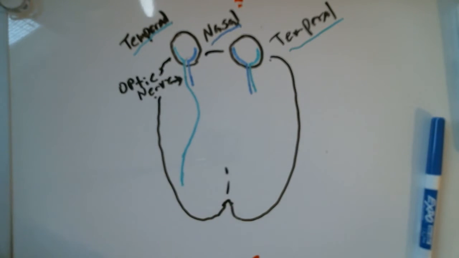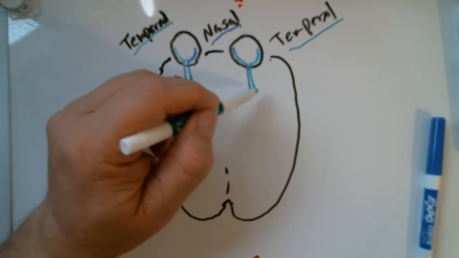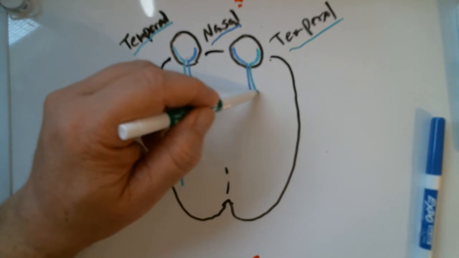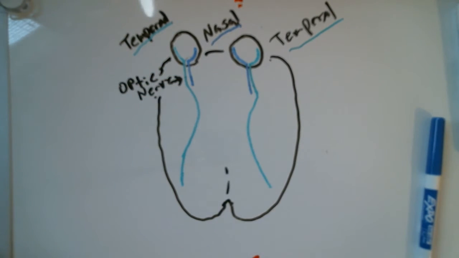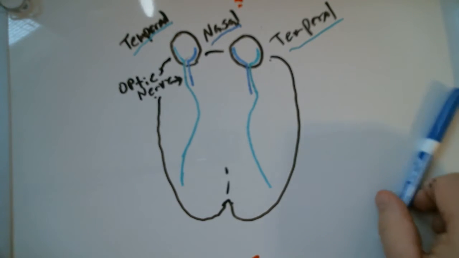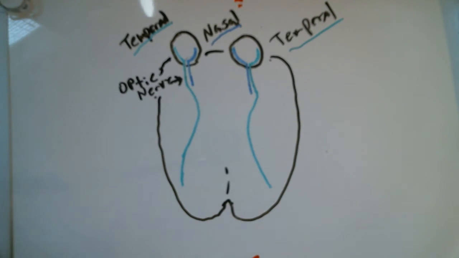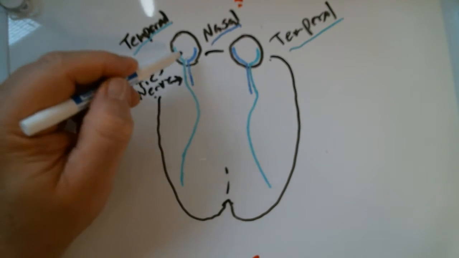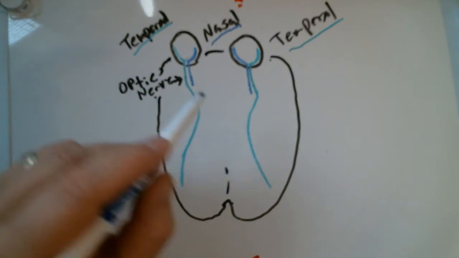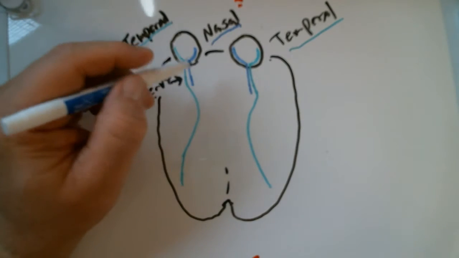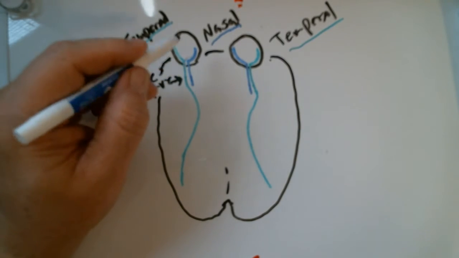Now, let's do that again over here. So that's what our temporals do. It comes straight back. Now you notice they don't cross over. We're always talking about nerves crossing over. Well, these here are some cranial nerves that do not cross over.